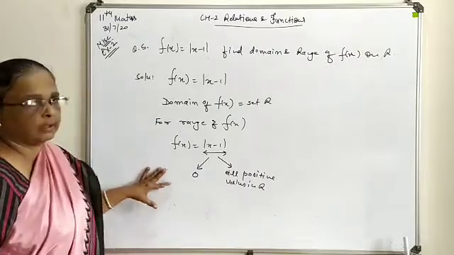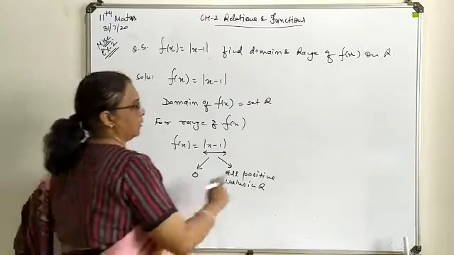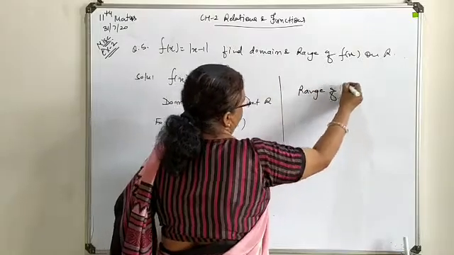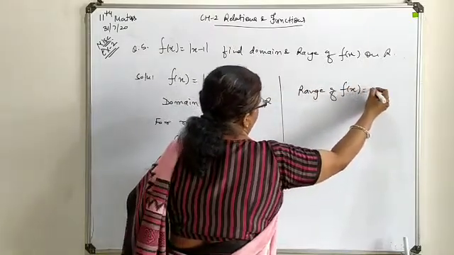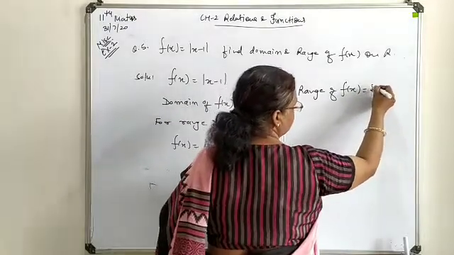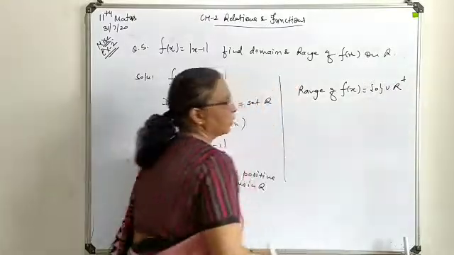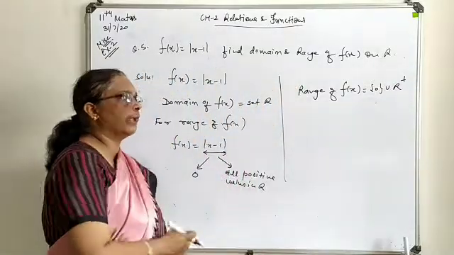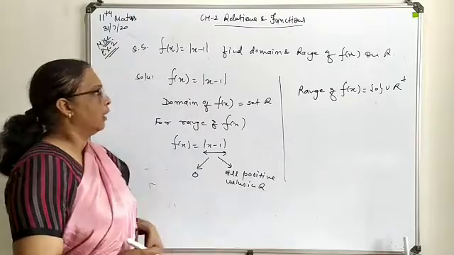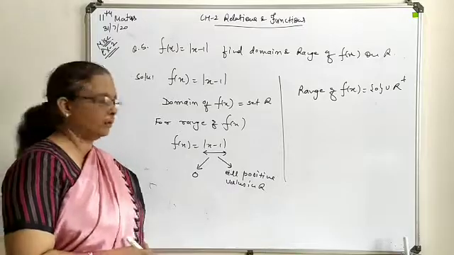So in interval form, or as an answer form, if you are going to define your range, you can write it as: range of fx is 0 union with all positive values of your real set. So this way you can discuss the domain and range for all modulus functions.